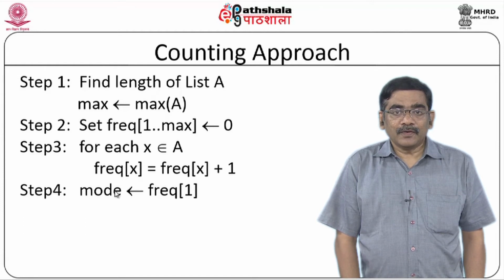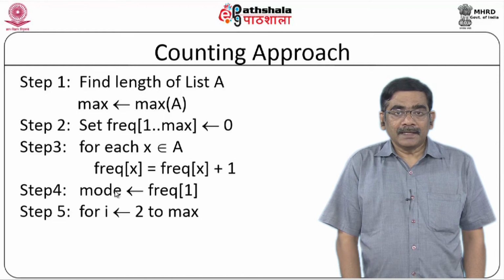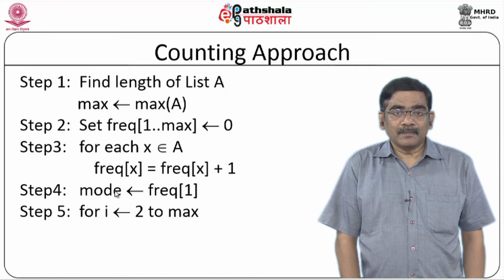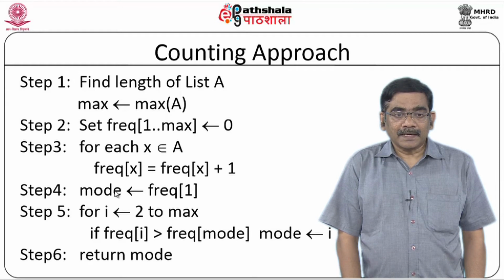So, in step 4 I am just assigning the first element of the frequency list as the potential mode, then I am starting a loop from 2 to max, and I am comparing the frequency of every element with this particular mode, and if the frequency is going to be larger, I am taking that particular index.